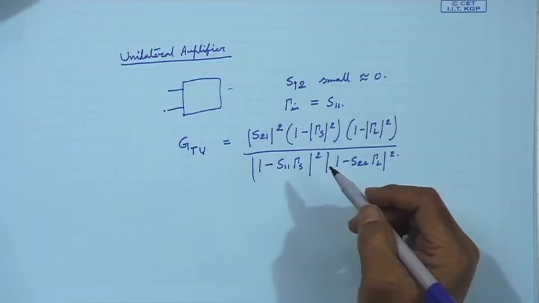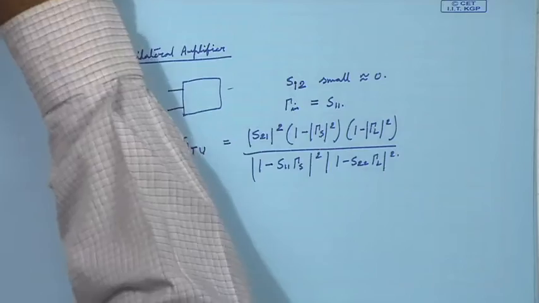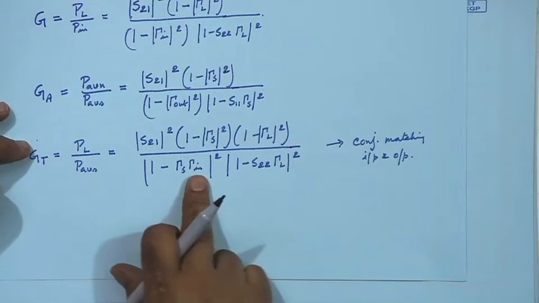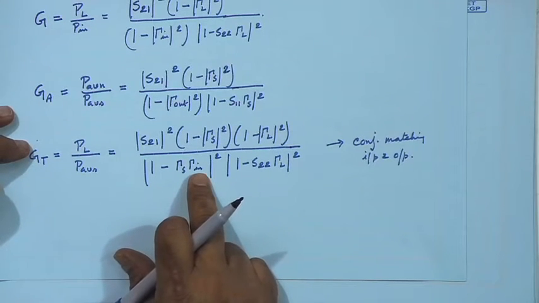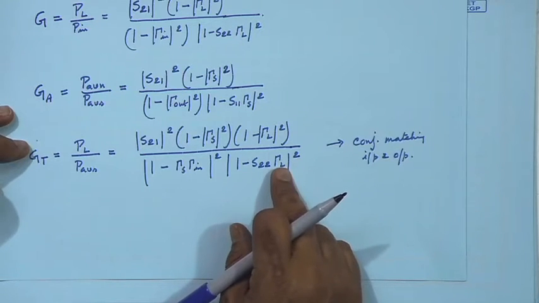How is it different from the transducer power gain for the non-unilateral, that means the general case? In the general GT expression, there is the presence of the input reflection coefficient and output load reflection coefficient.